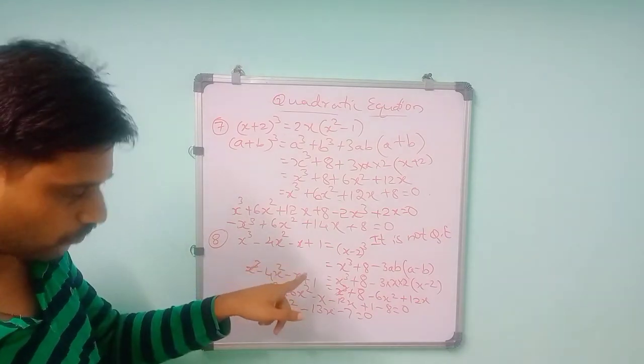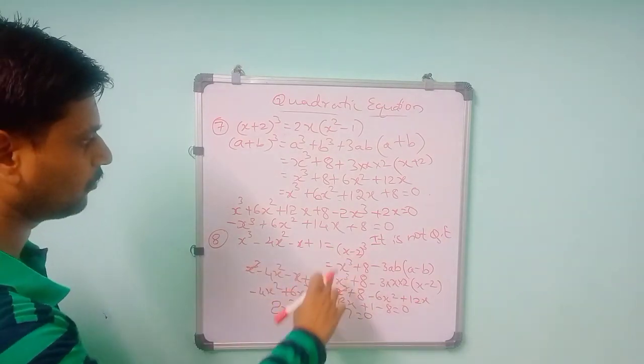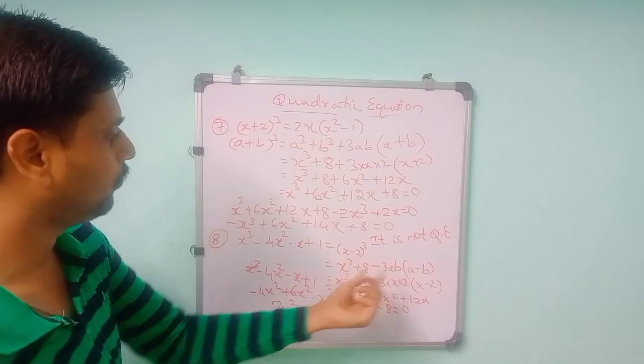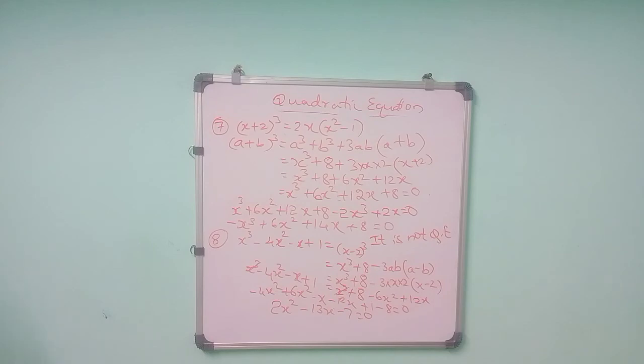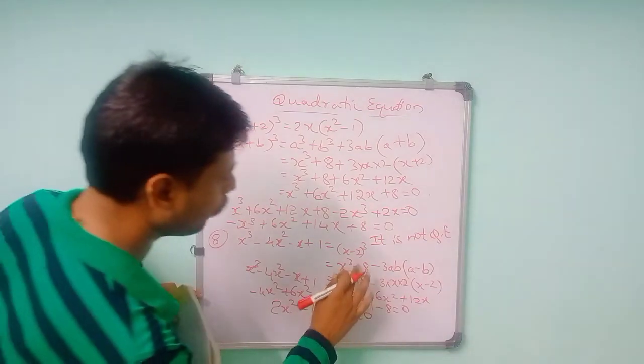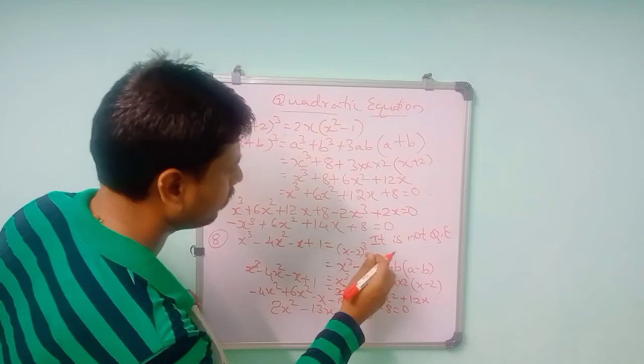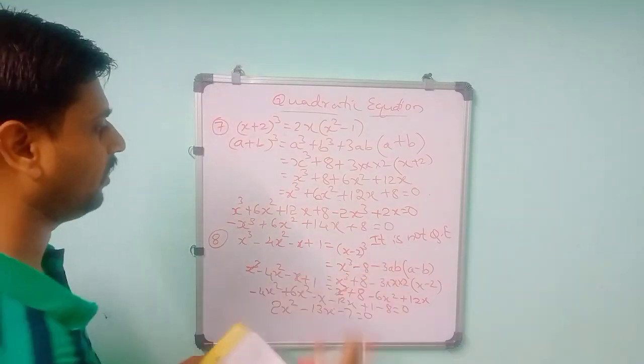Now x cube minus 4x square minus x plus 1, and x minus 2 whole cube. I wrote plus b cube by mistake; it is wrong. I will repeat once again: a minus b whole cube formulates as a cube minus b cube minus 3ab into a minus b.